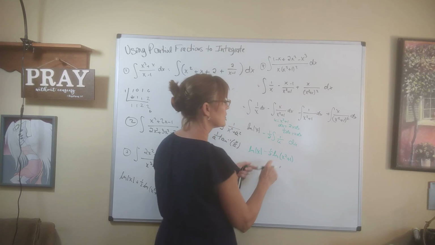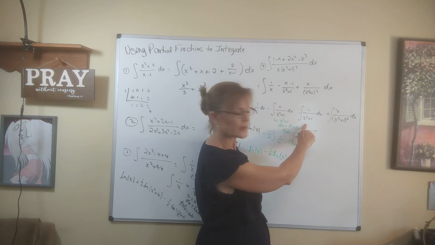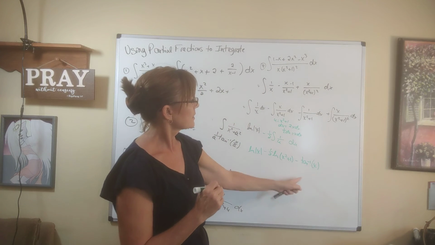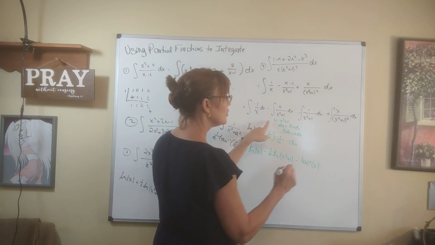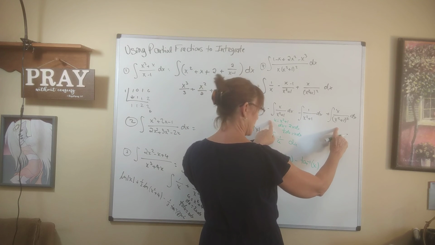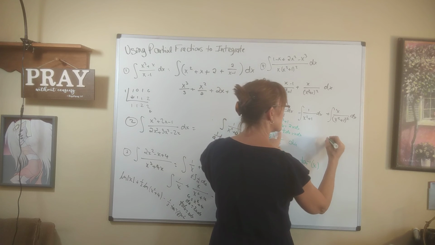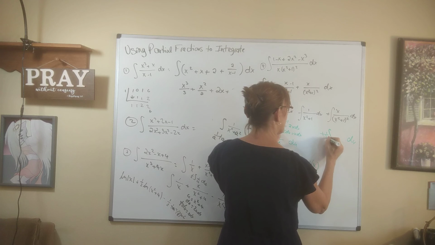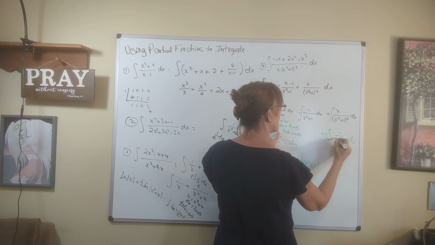Okay, so that's these two so far. Right here, this I recognize as tangent inverse. So this is minus tangent inverse of x. And right here, I can use the same u substitution. So if I let u be x squared plus 1, du is 2x dx, so 1/2 du gives me x dx. So this is plus 1/2 du, I get the x dx. And so this is 1 over u squared.